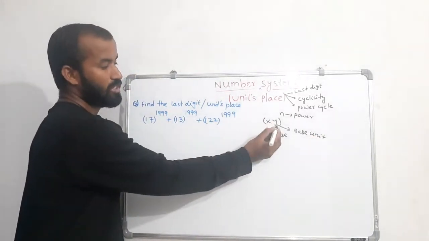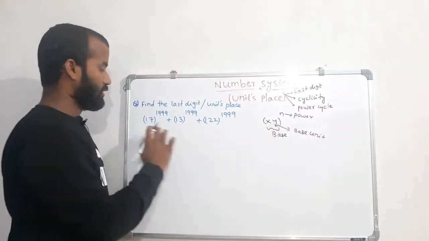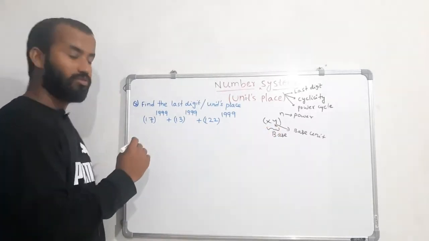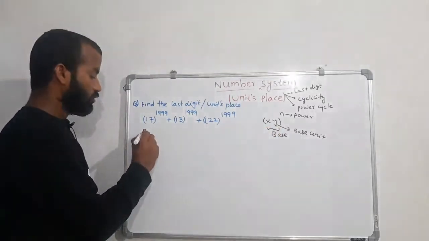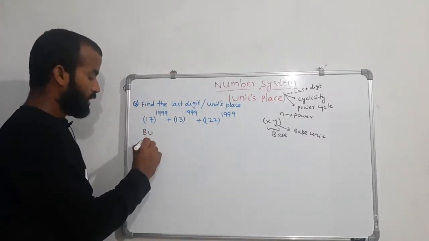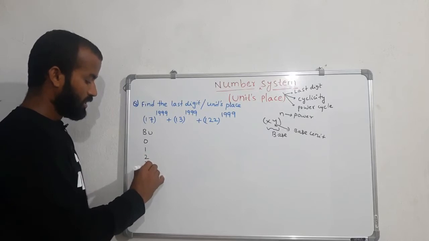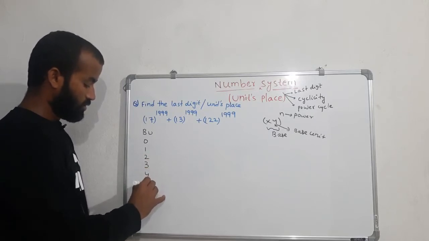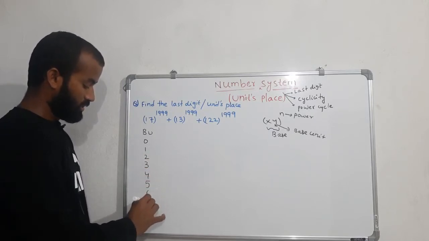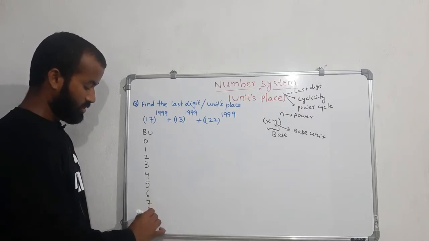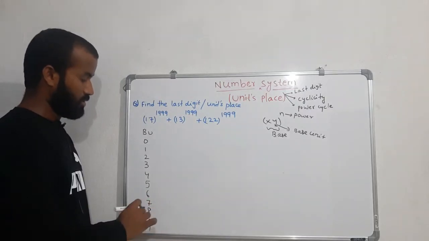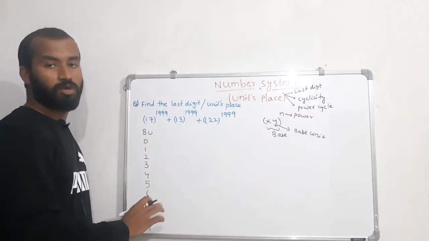I am talking about the units place of the base. It might be 0, 1, 2, 3, 4, 5, 6, 7, 8, 9. These are all the possible base units.